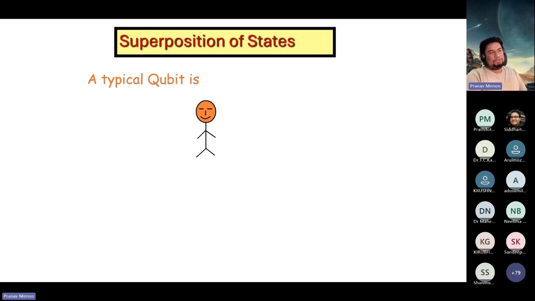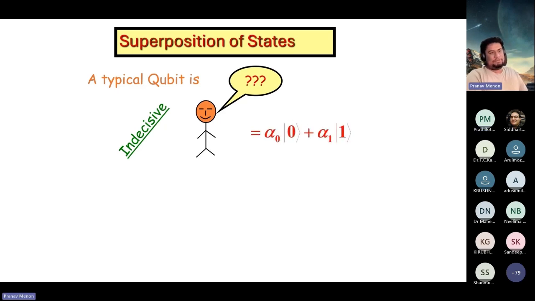One of the first principles of quantum computing, like I said, is the ability to have multiple states within one qubit. That is called superposition, and quantum superposition is one of the three basic principles of quantum computing. Like I said, the qubit is indecisive, and over here alpha 0 and alpha 1 are the probabilistic amplitudes of it being a 0 or a 1.